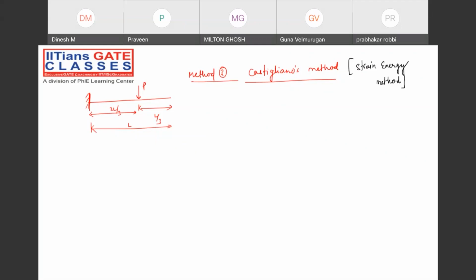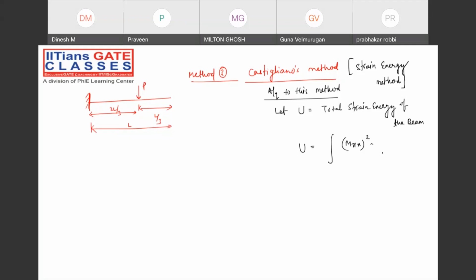According to this method, let U be the total strain energy of the beam, and the strain energy formula is: U equals the integral of M_x whole squared dx divided by 2EI, from 0 to L. That will be the strain energy, my dear friend.